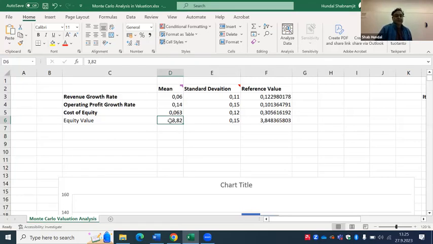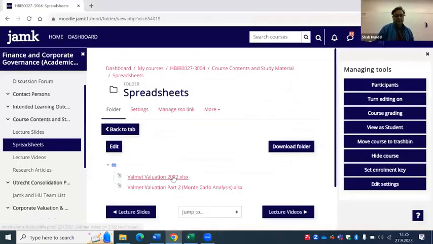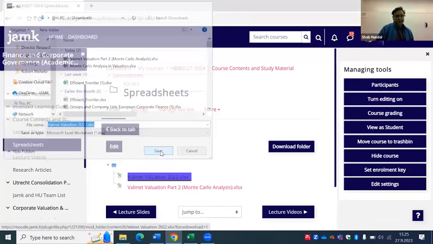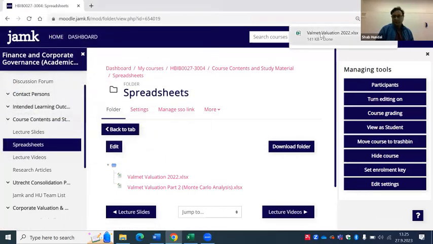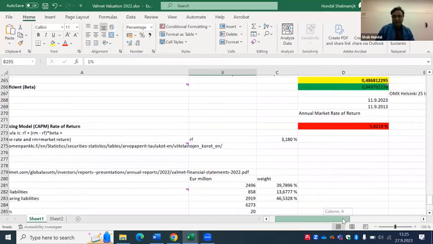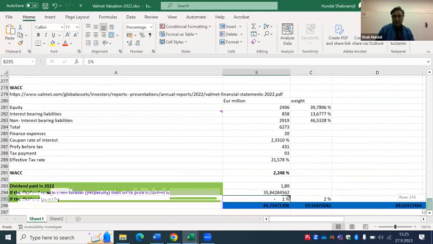Okay. I can change it. I have to check what was the enterprise value. If you want, I can do it. No big deal. I have to open the Valmet first sheet. The Valmet price was, yeah, about 35, 36 euros, something like that.